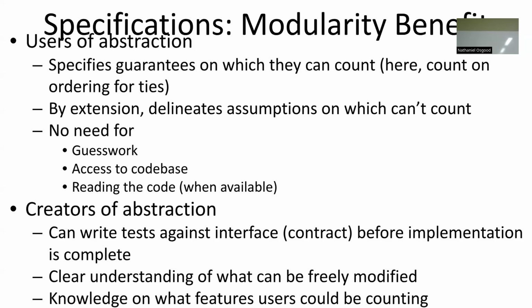So specifications specify guarantees that the users of the abstraction can count on. And it reduces the guesswork and the need for them to look at your code to see what it does. Look, time is limited. Working on complex software is hard enough. We shouldn't have to go look at someone's code to know how to use it.